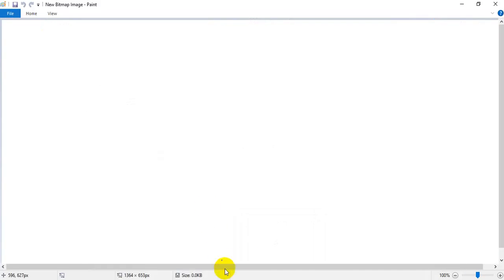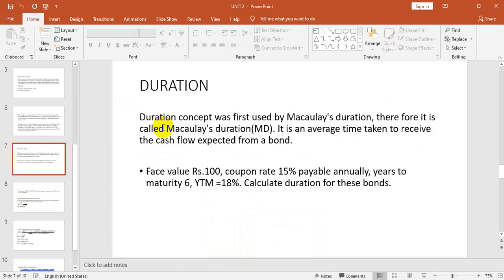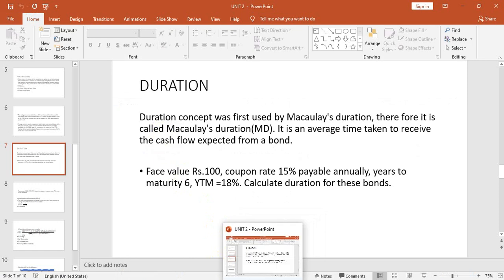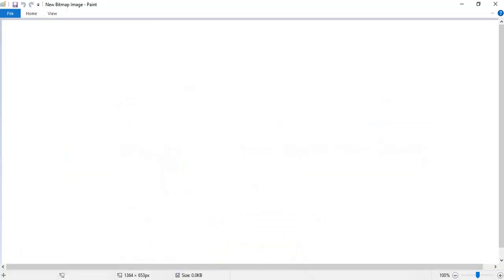Face value rupees 100, coupon rate 15, years to maturity 6, YTM 18%. So let's write down the information.